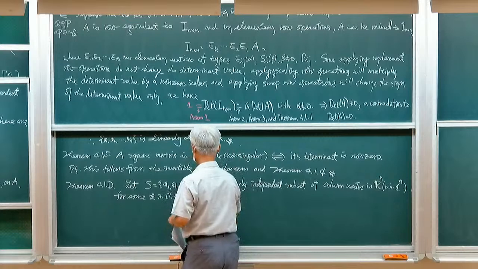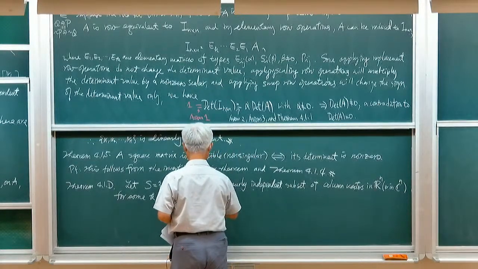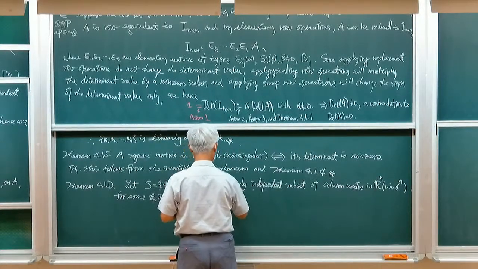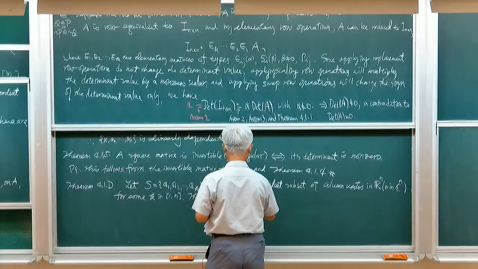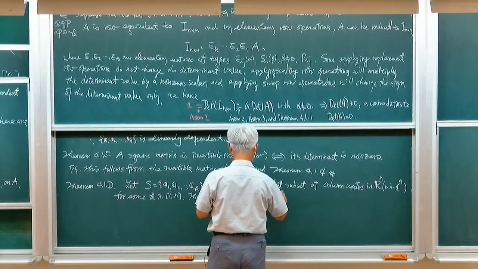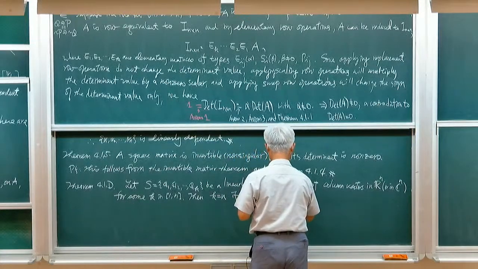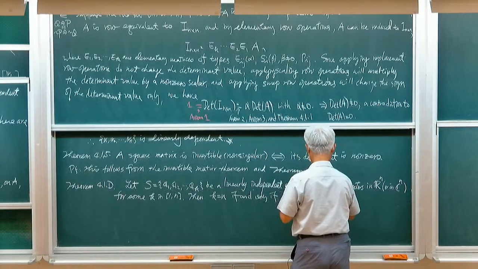Right? Then k equals n if and only if the span of S is equal to Rn.